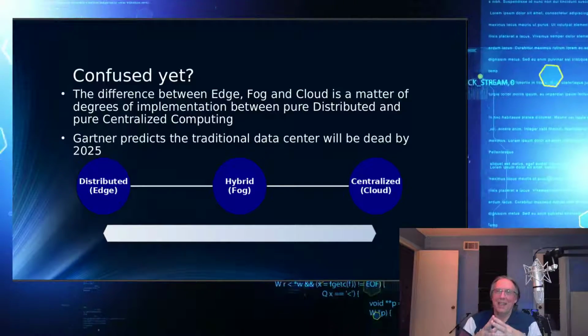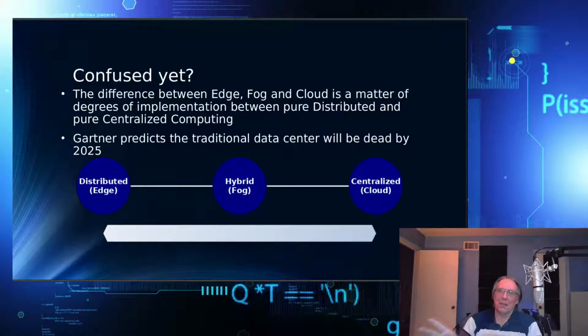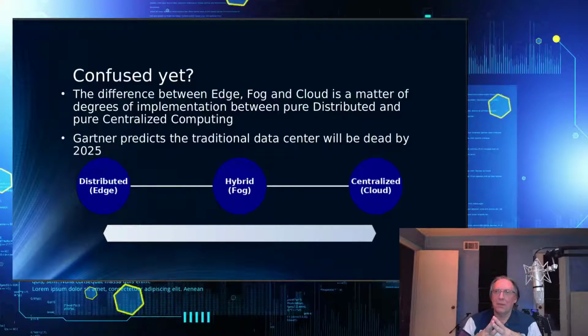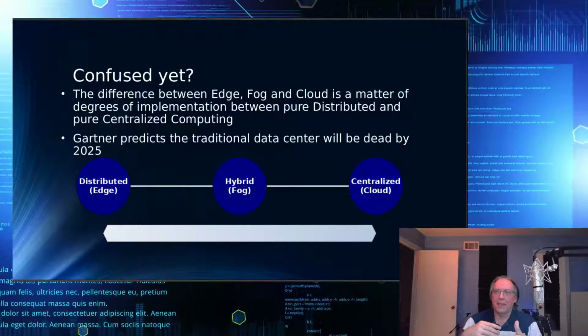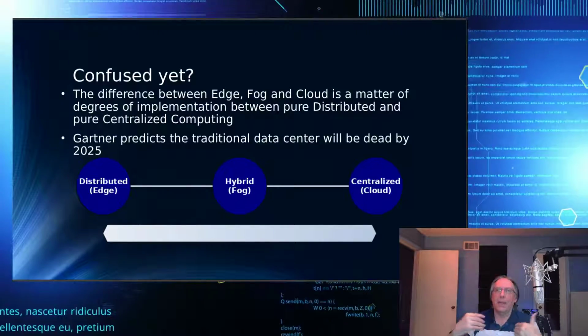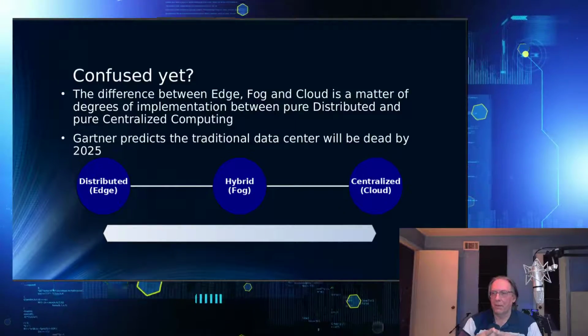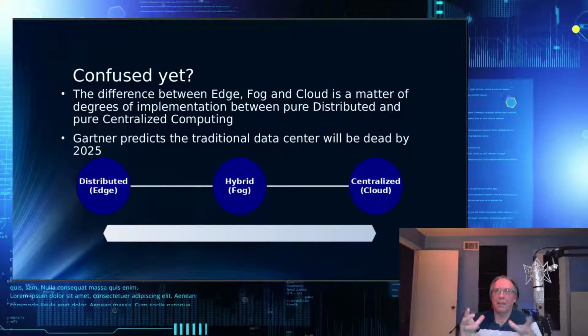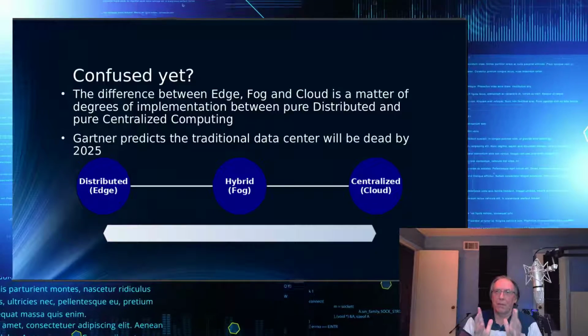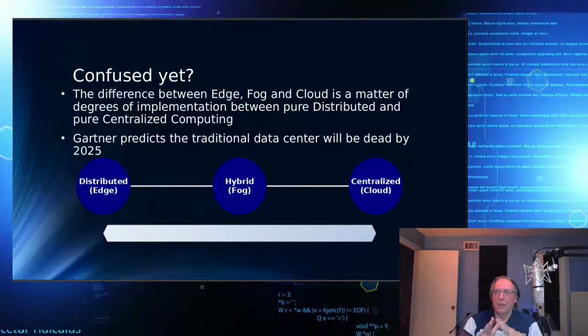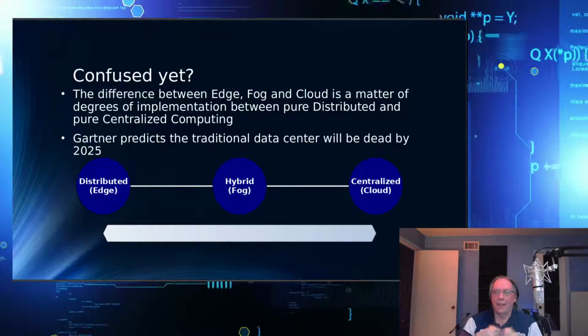You want the data closest to the user, but you still want the power of the centralized machines to take some of the load off the distributed and coordinate the distribution of the data back out to the distributed servers. I was involved in one of the very first distributed systems in the country, and no, I didn't implement it.